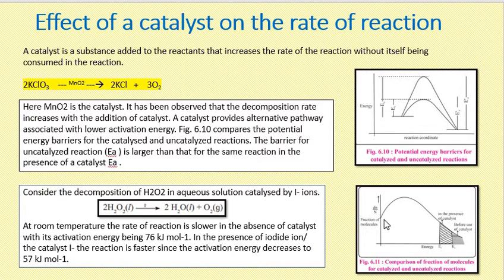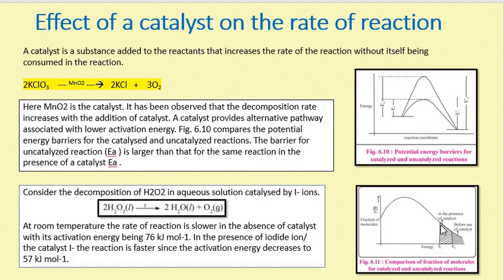Suppose this is the graph which is plotted where the fraction of molecules is compared to energy. Here is the activation energy value where the compound is turning into product. Catalyst is lowering down the value of activation energy.